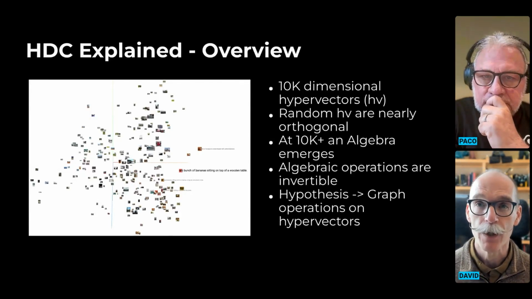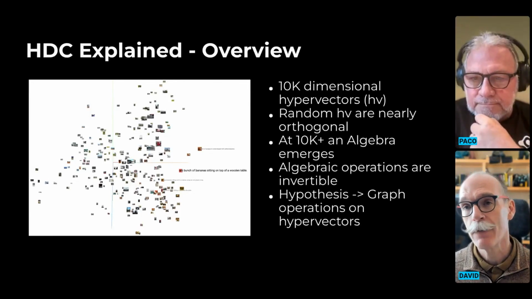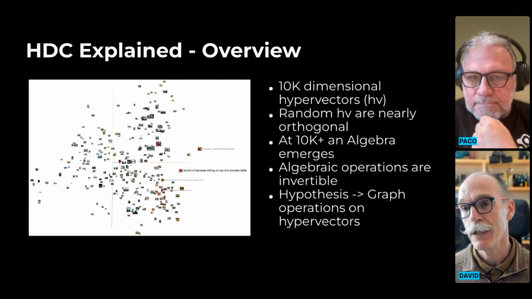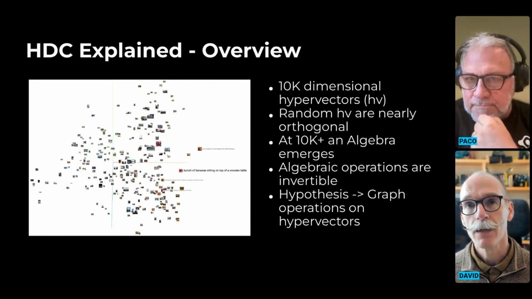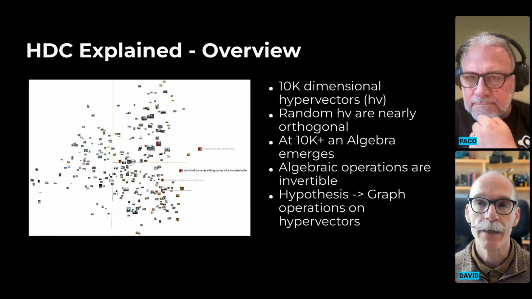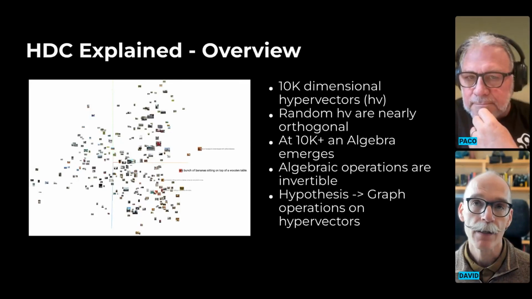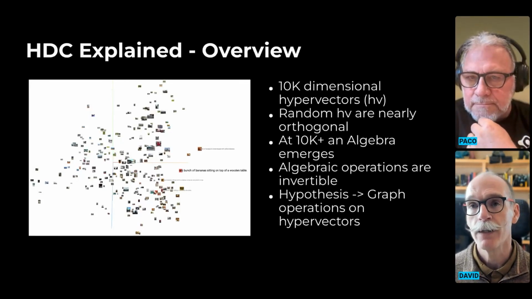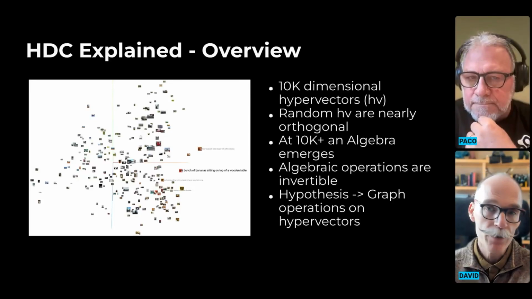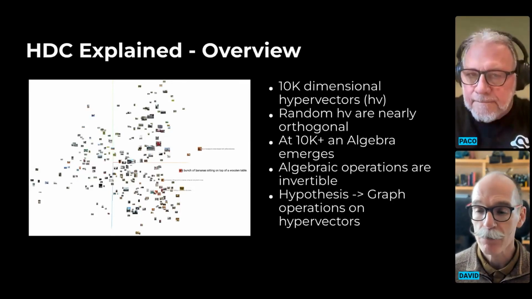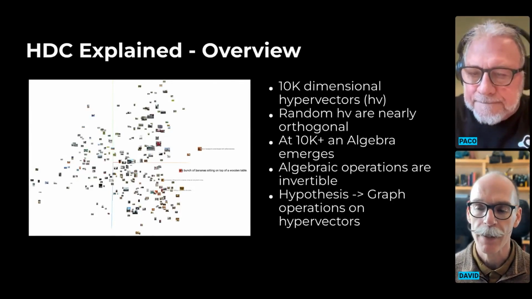One is for any randomly created hypervector, just create a random vector, you get something called near orthogonality, which means that you can guarantee that the information incorporated in two vectors randomly created are nearly orthogonal semantically to each other. And that's really critical. And you'll see why in a second.